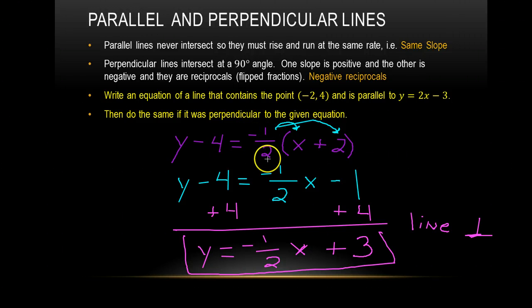Distributed through the negative 1/2, negative times a positive will make that a negative 2 over 2, which is 1, and then get y by itself by adding 4. So the equation of the line that is perpendicular to this given line and goes through this point would be y equals negative 1/2 x plus 3.